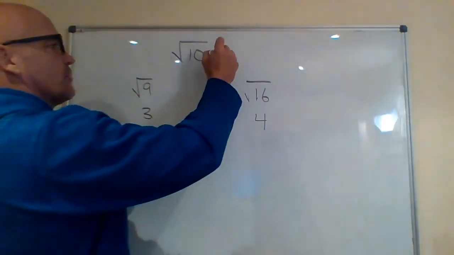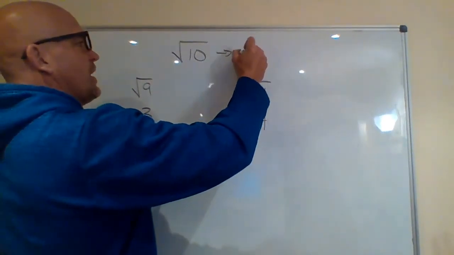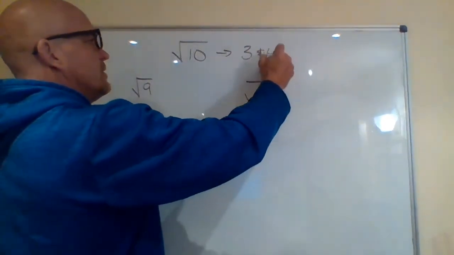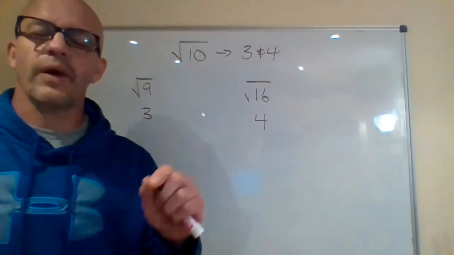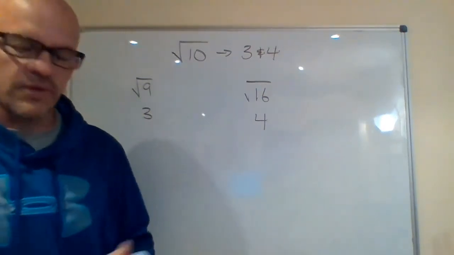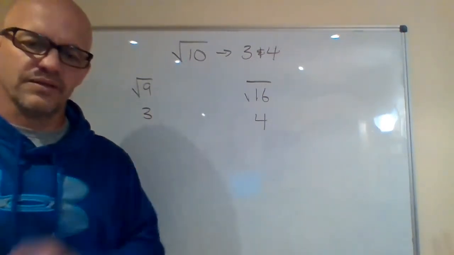I know that the square root of 10 lies between 3 and 4. I know that it is 3 point something. Since it lies between 3 and 4, it has to be 3 point something.